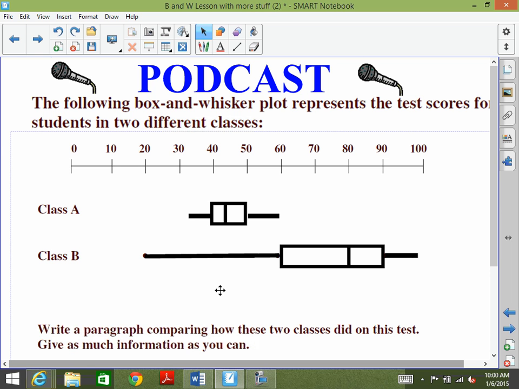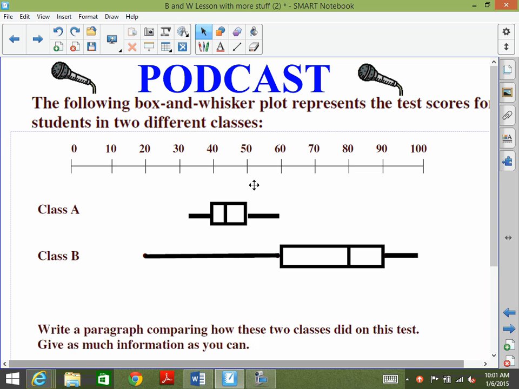So I took everybody's grade, put them in order from least to greatest, found the median of my lower numbers, the median of my upper numbers, took my minimum and my maximum, and I made the first box and whisker.